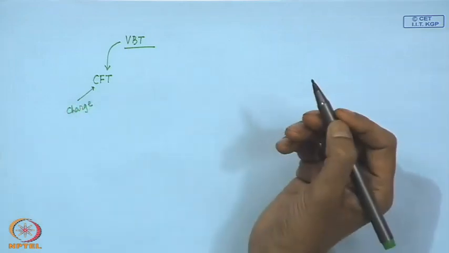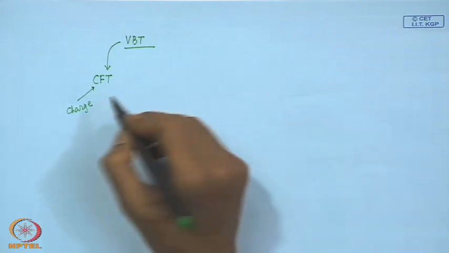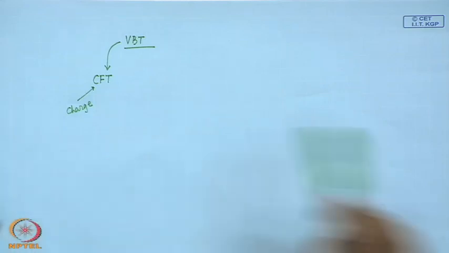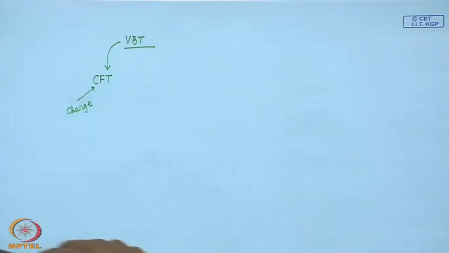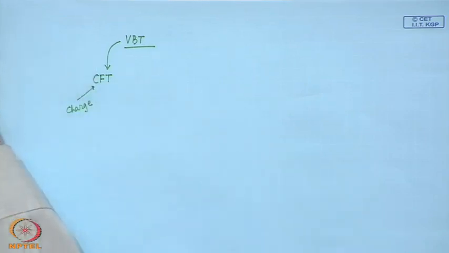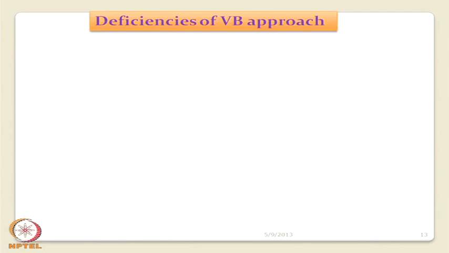It has a charge density, whether neutral or anionic, and it gives rise to a crystal field splitting pattern. That gives rise to crystal field theory, because there are definitely some deficiencies in the valence bond approach.